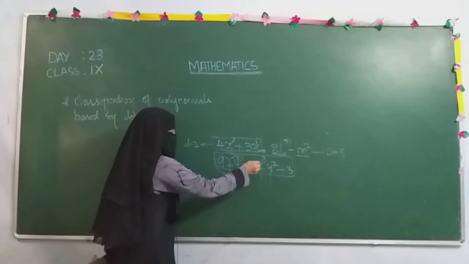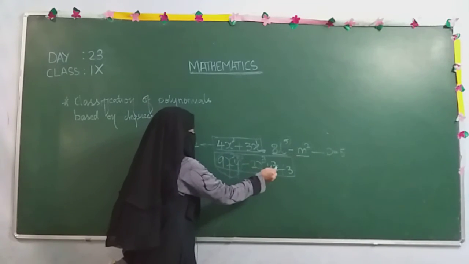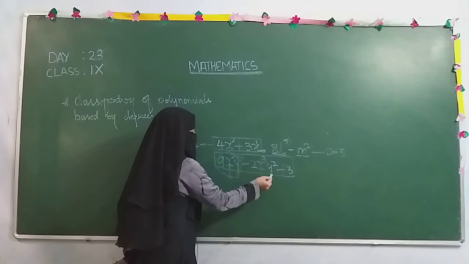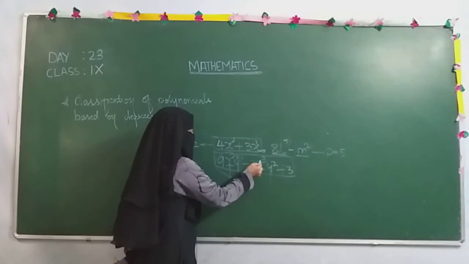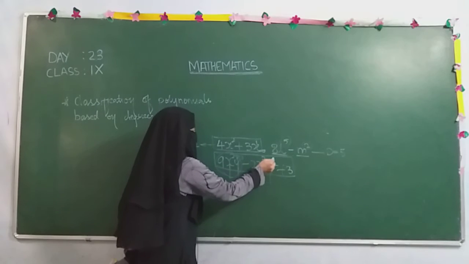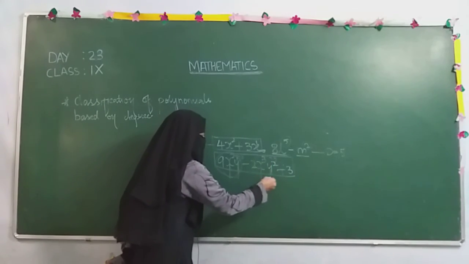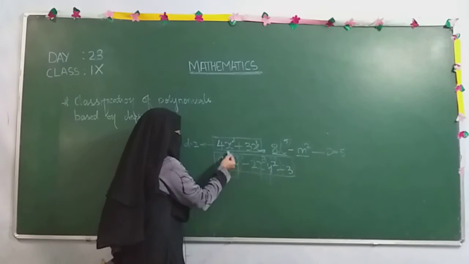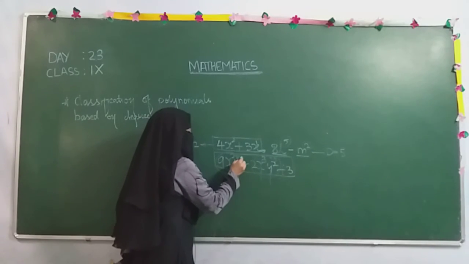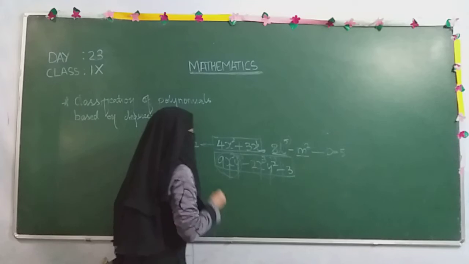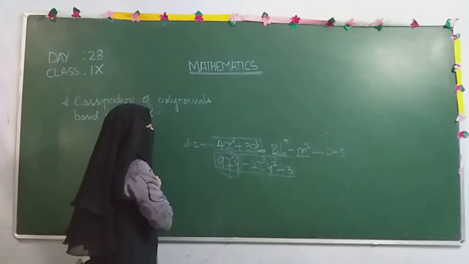Now let's check this one. Here 3 and here 2. X to the power of 3 and y square, or x cube y square. So 3 plus 2 is 5. So the power of this complete term is 5 and the power of the other term is 3. You need to compare 3 and 5. Which one is greater? Exactly, 5 is greater.